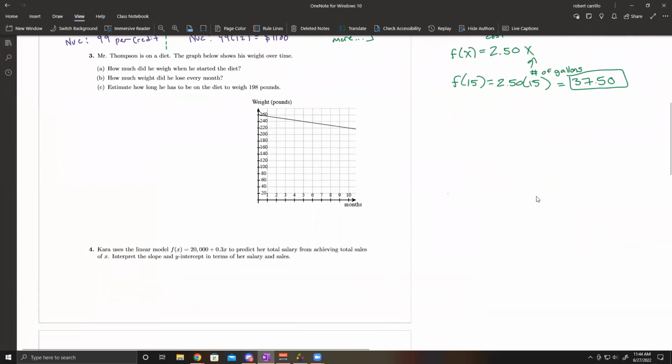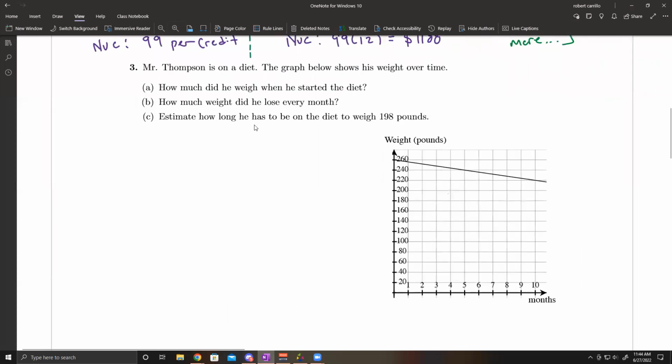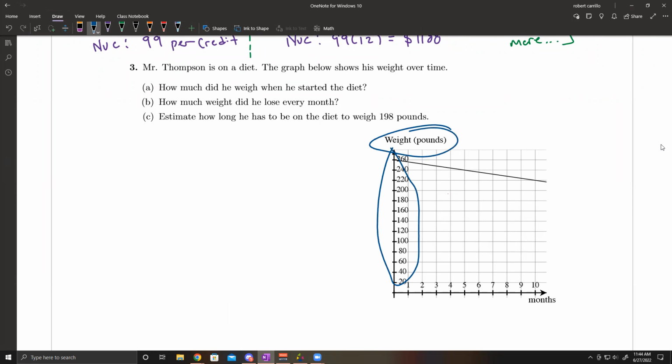Okay, 3. Mr. Thompson is on a diet. The graph below shows his weight over time. Let me zoom in a little bit more. There we go. So how much did he weigh when he started the diet? Looking at the graph, the y-axis is the weight in pounds, and the x-axis is the number of months.